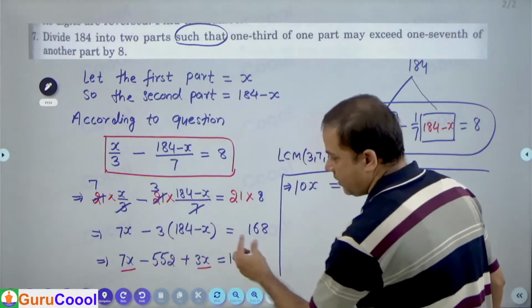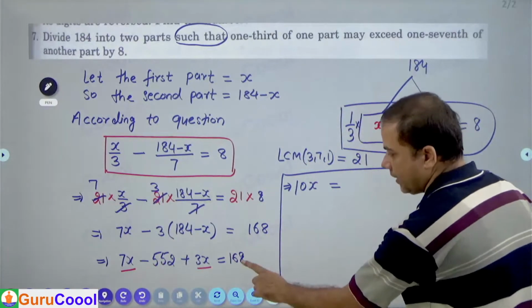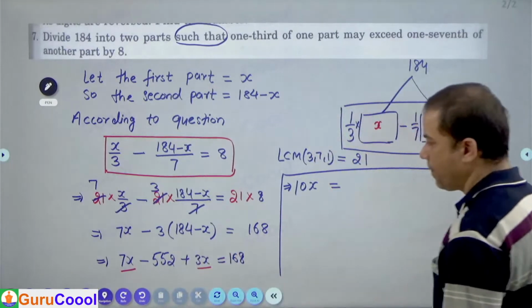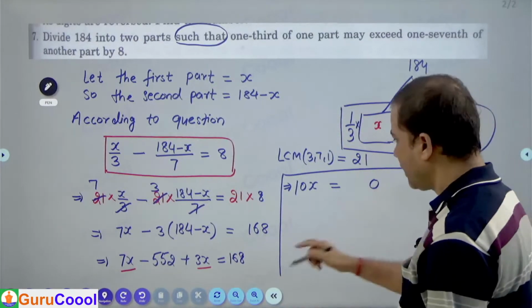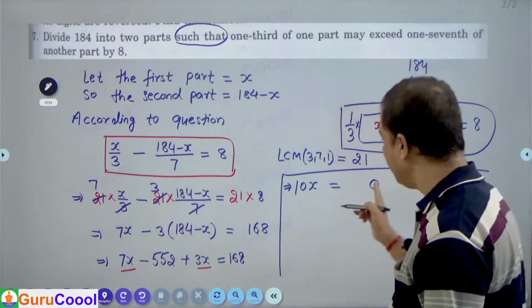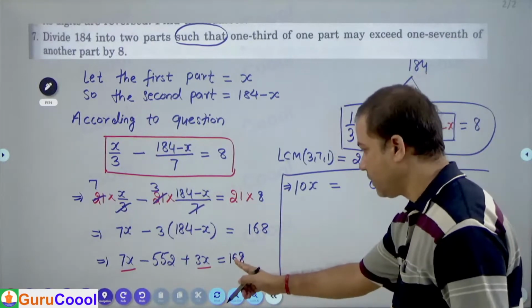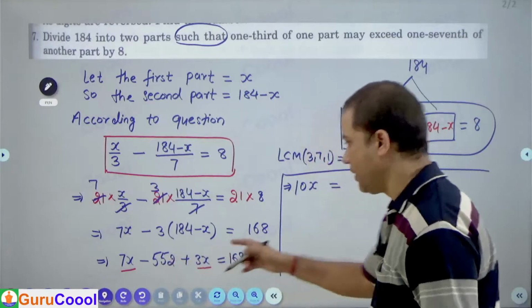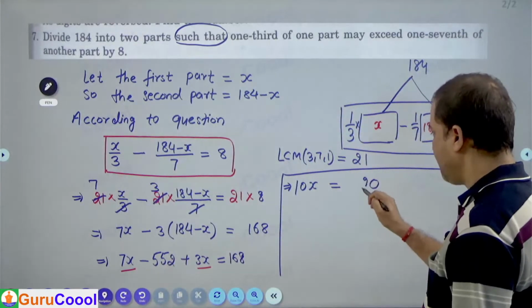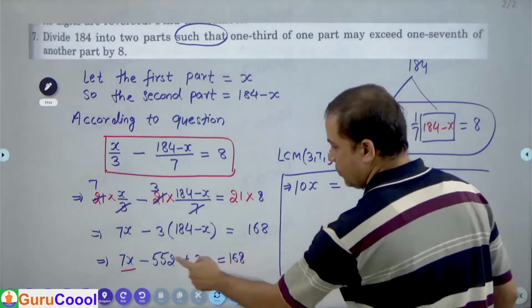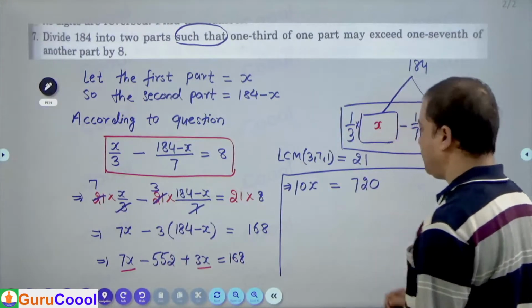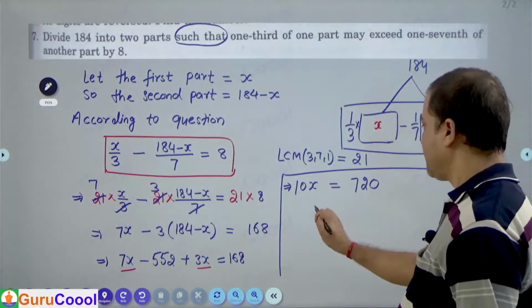It will come here to be positive. It will be added: 168 and 552. So how much is it? 8 plus 2 is 10, 1 carries, 6 plus 1 is 7 and 5, 7 plus 5 is 12, 2 comes, 1 carries again, 1 plus 1 is 2 and 5 is 7. It's 720. So x is 72.